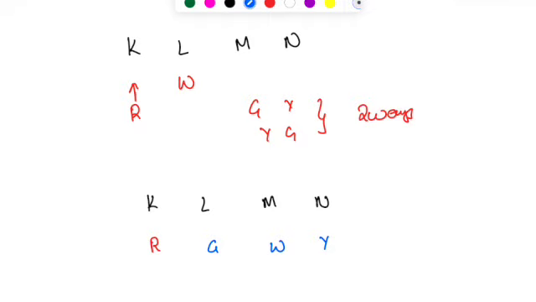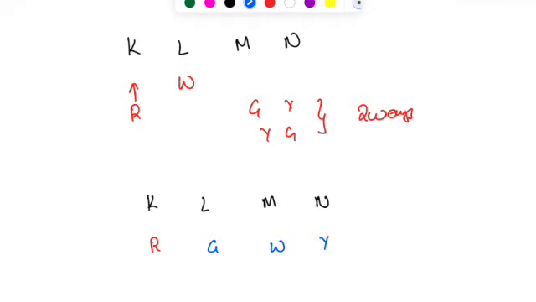So if W is at 3, R can be at position 1, green is at the second position and yellow is in the fourth position. So this is a valid arrangement. Now G and Y should be at positions 2 and 4.